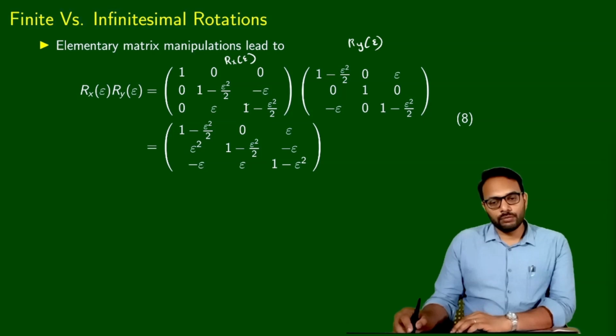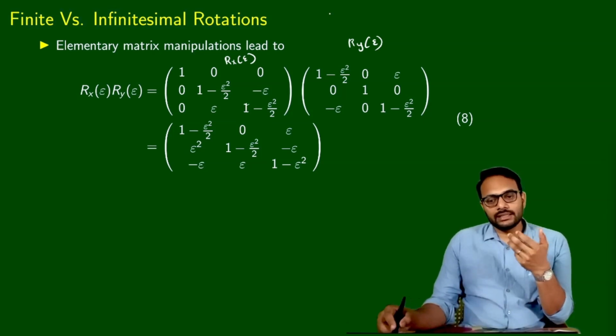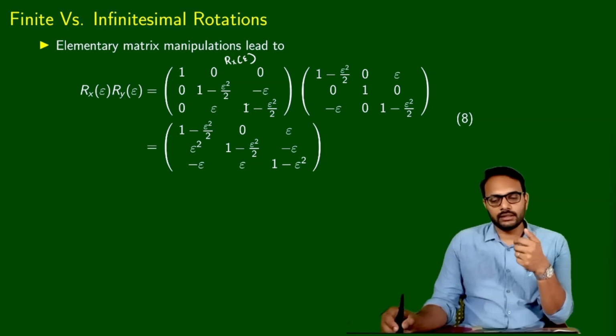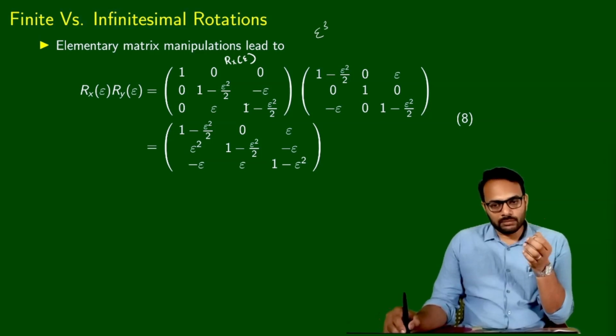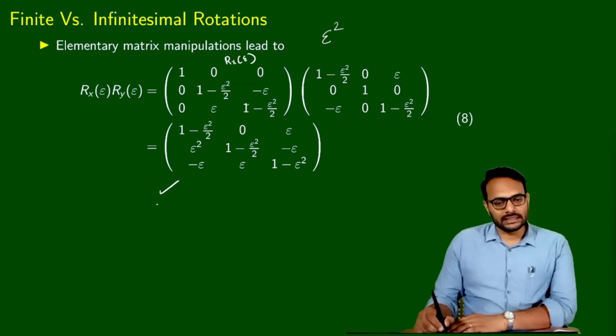Just remember that when you multiply, whenever you get a term of higher order than epsilon square, like epsilon cube, etc., they can be neglected. After multiplying, retain only terms up to the order of epsilon square, and that gives you this matrix.